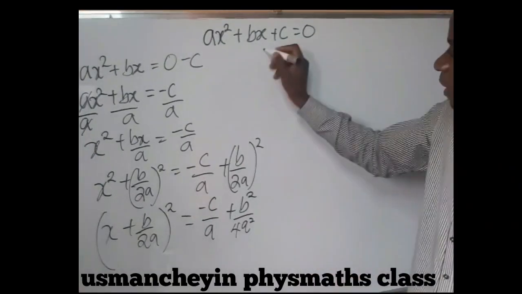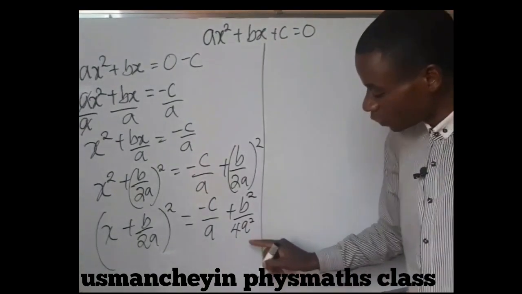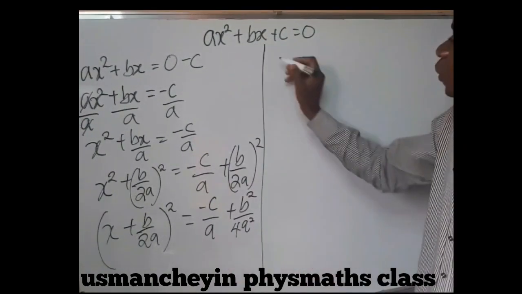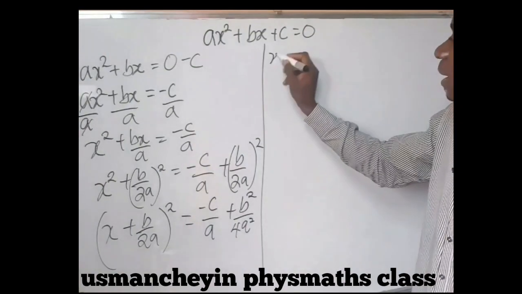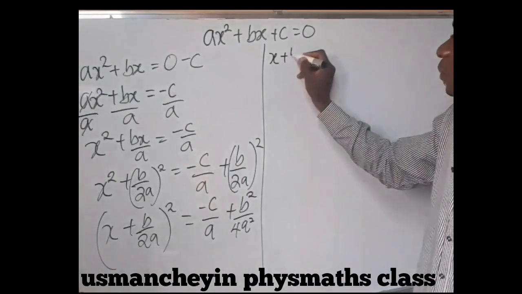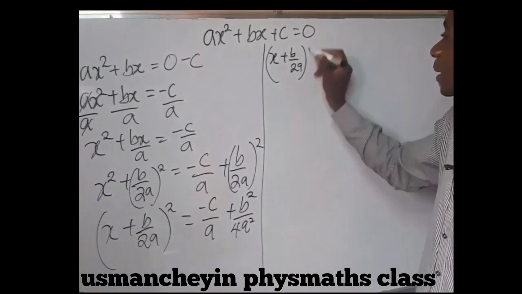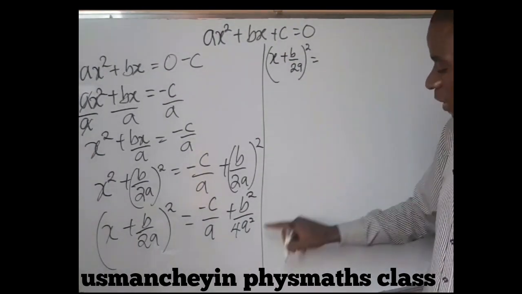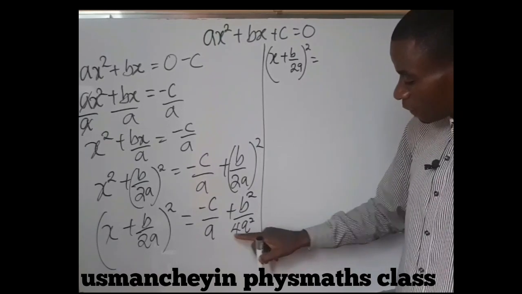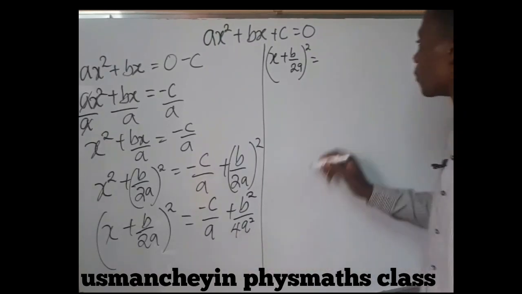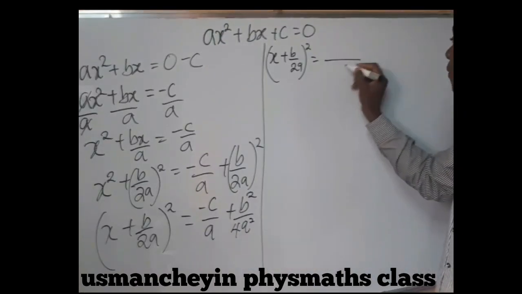Okay, so from that stage, we will now look for the LCM of these two, so that we'll be having x plus b over 2a then square equals to the LCM of a and 4a square, which is 4a square. So we have our 4a square.